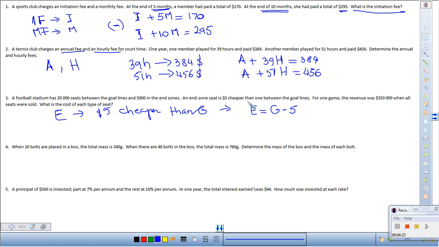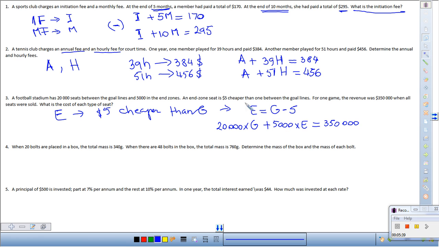Well, how do we get the revenue? We have 20,000 seats between the goal lines times the price for a goal line ticket plus 5,000 seats in the end zone times the price of an end zone ticket equals $350,000.